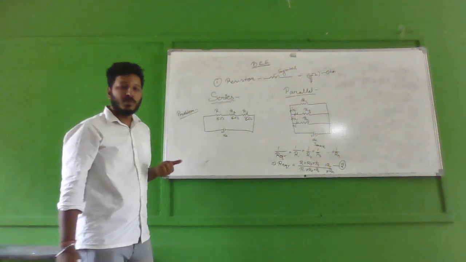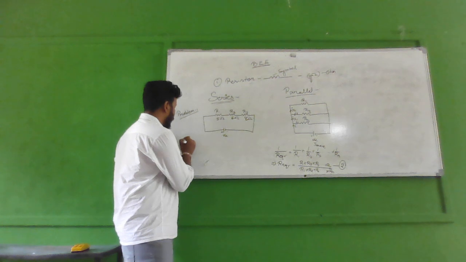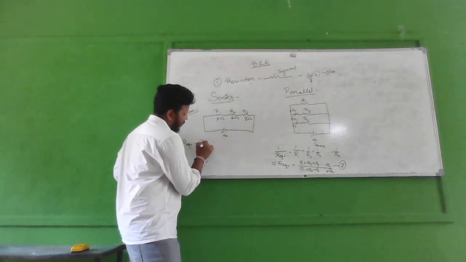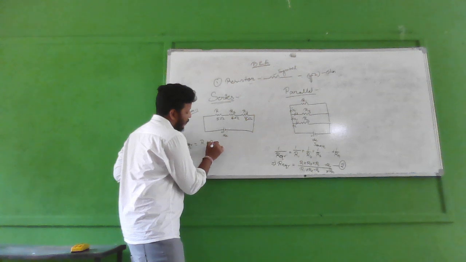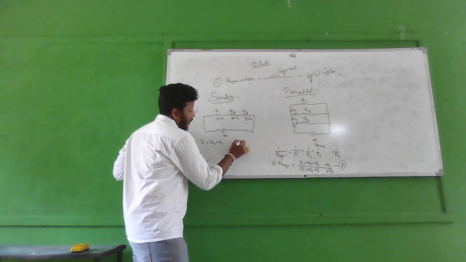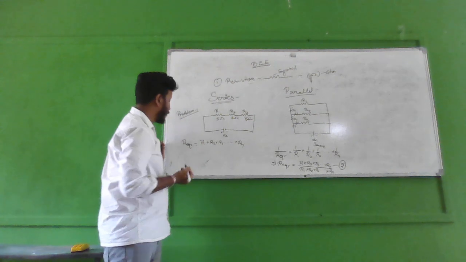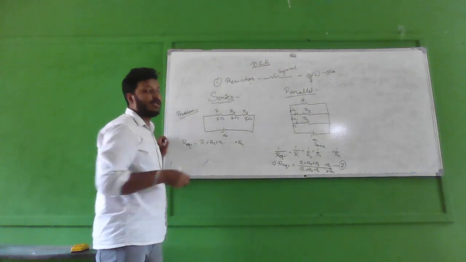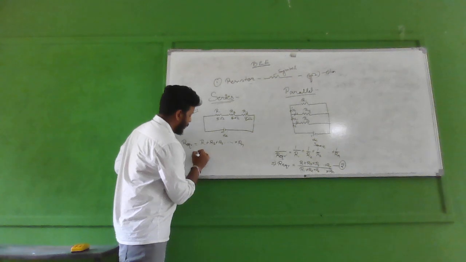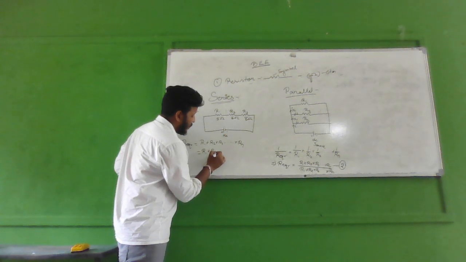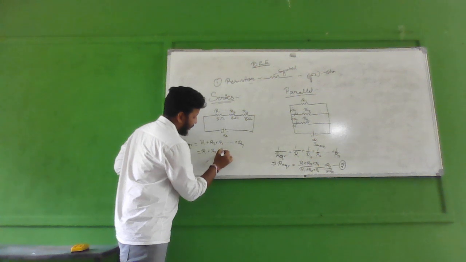So what is the formula for series connection? That is R equals R1 plus R2 plus R3 up to Rn. Here we have three resistors, so we are going to add R1, R2 and R3.